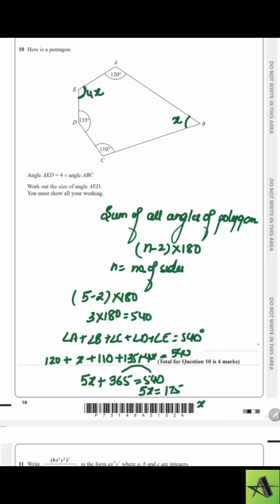And finally, x is equal to 175 over 5, which is 35. But they're not asking you to calculate this one. Instead, they're asking you to calculate this one. If x is 35, angle E is 4 times 35, which is 140. So our answer is 140 degrees.